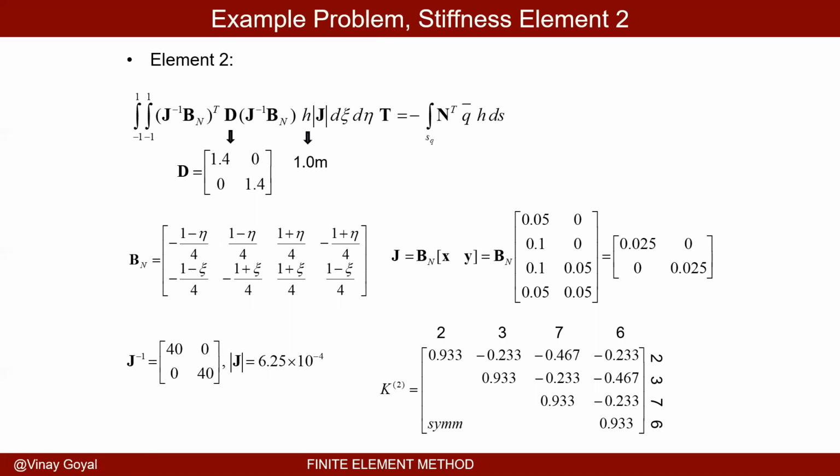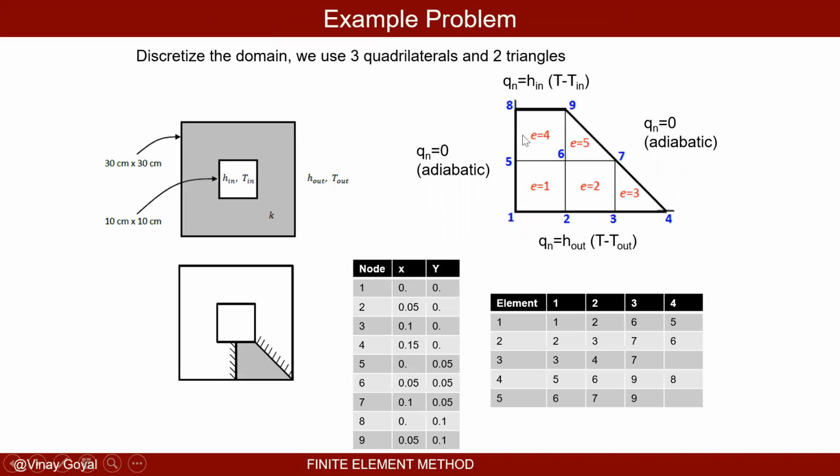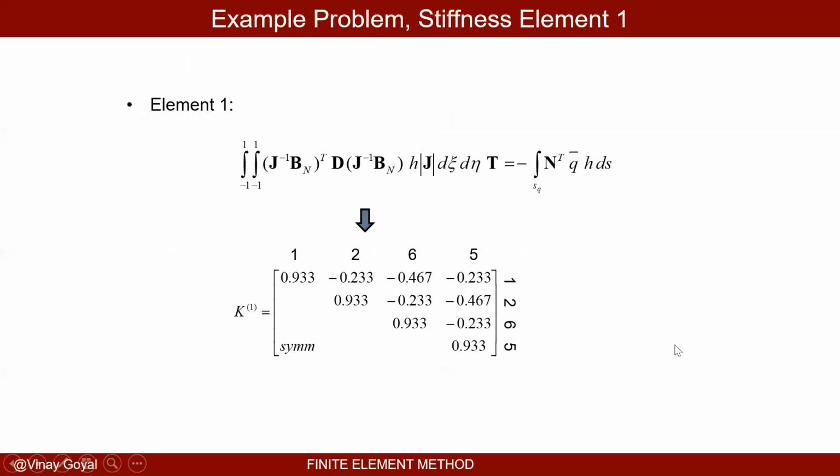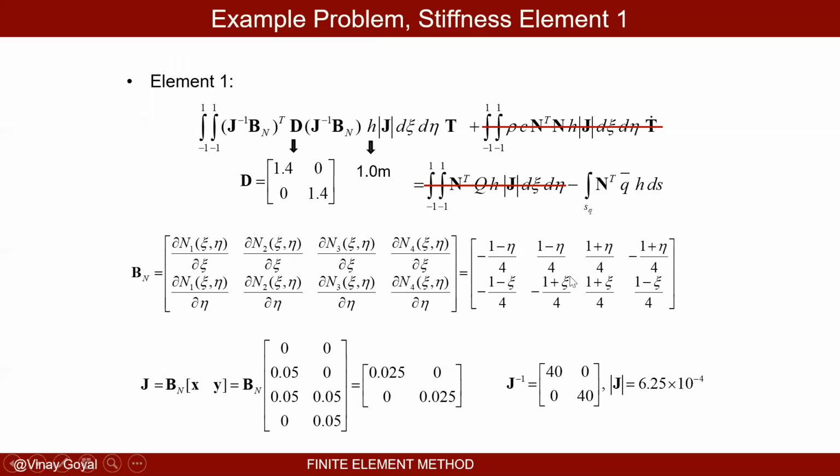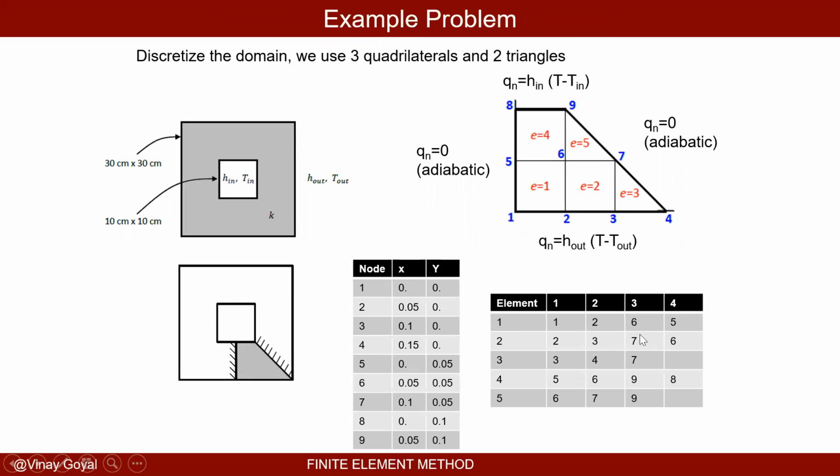Element number 2, let's check that out. Very similar process. Element number 2 is this square element here, which has connectivity 2, 3, 7, 6 as given here. B bold N is this. Again, the coordinates X and Y are known because I know the coordinates of nodes 2, 3, 7, and 6.